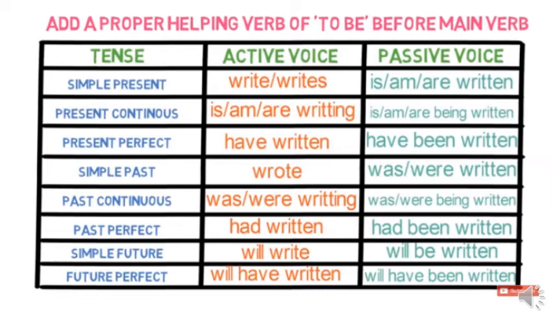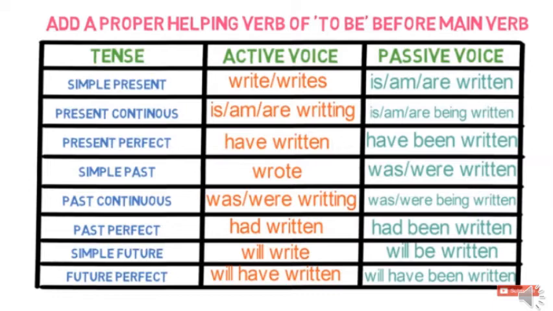Seventh, for simple future tense, in active voice will or shall write, while in passive voice we use helping verb will be and written, which is verb third form.